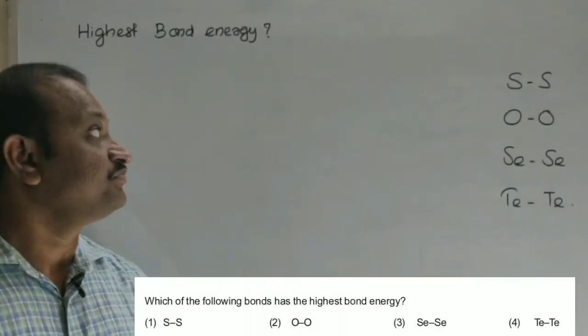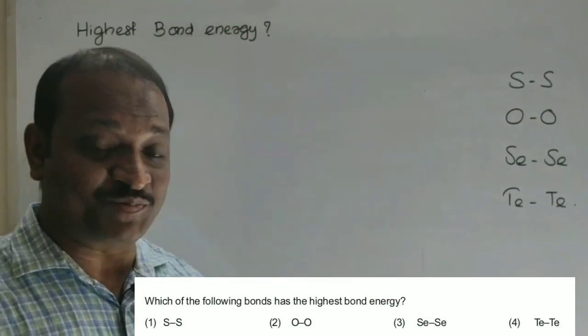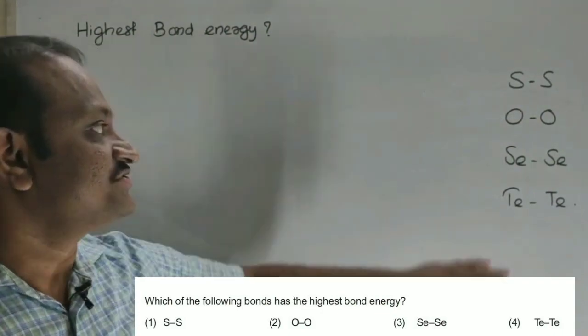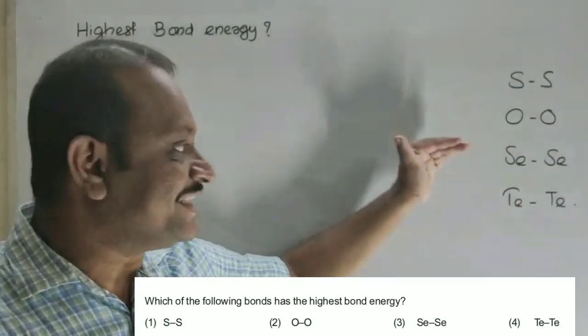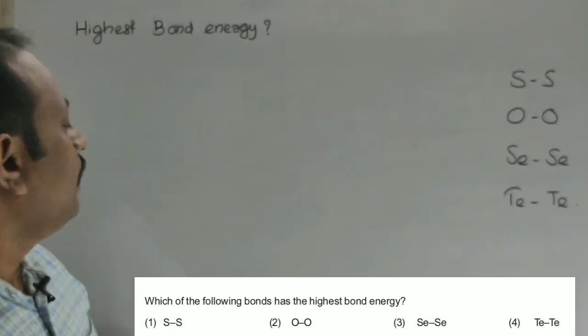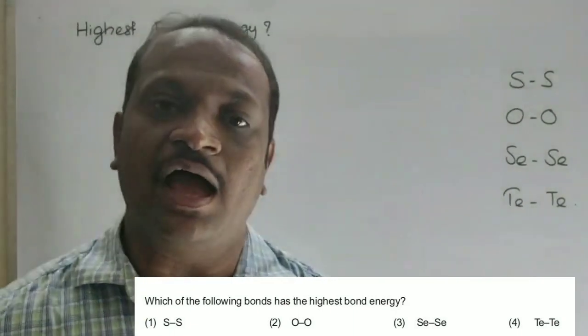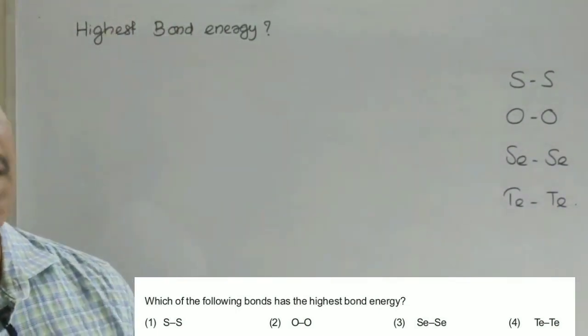So next question. We have 4 species there. It's not 4 species, 4 bonds: sulfur-sulfur linkage, oxygen-oxygen bond, selenium-selenium bond, tellurium-tellurium bond. And which of these has the highest bond energy? That's the question.